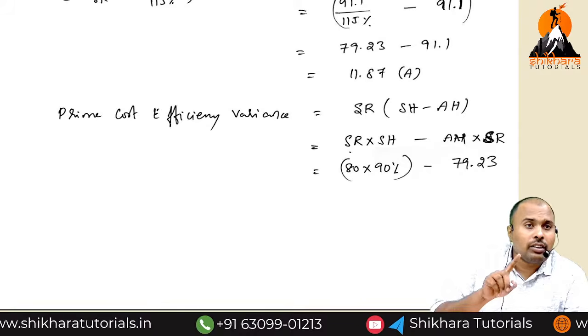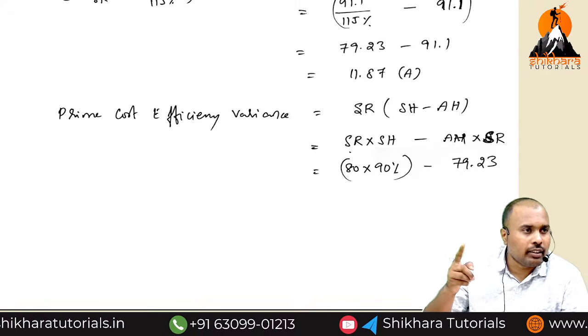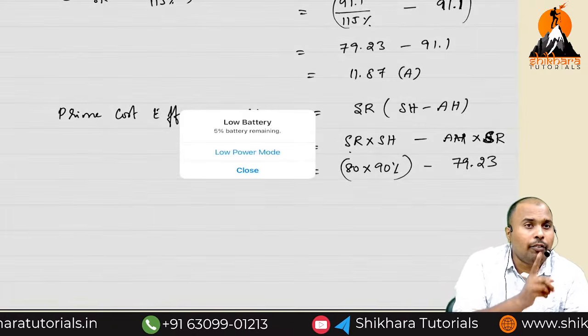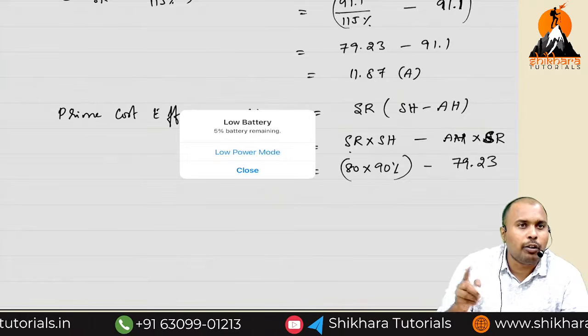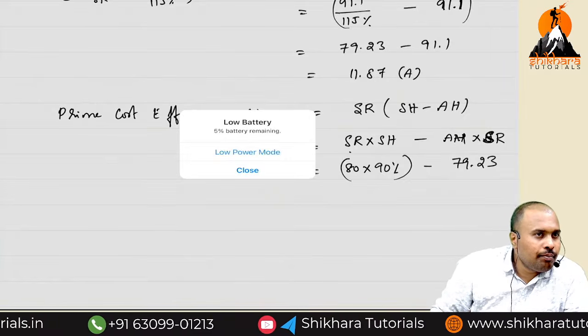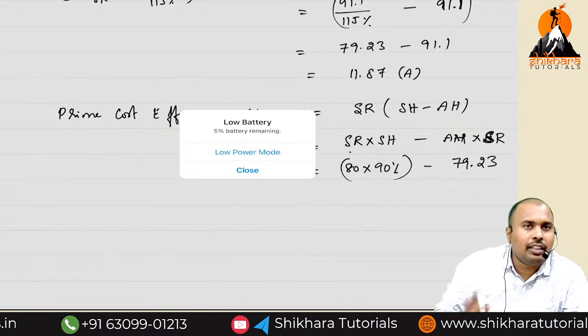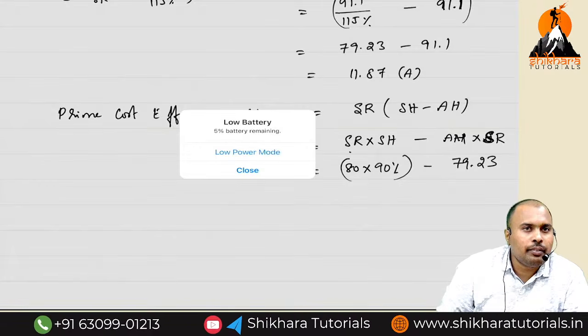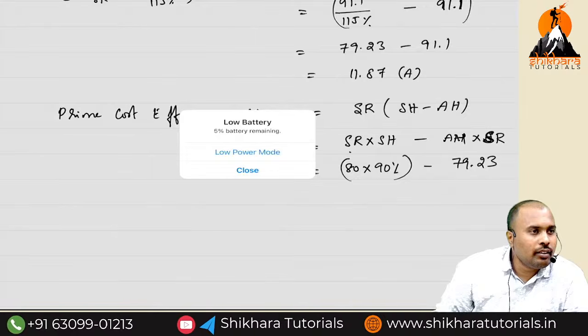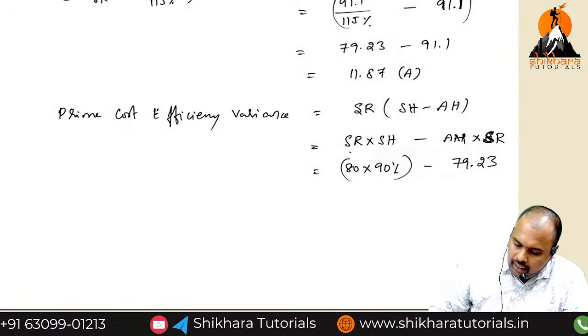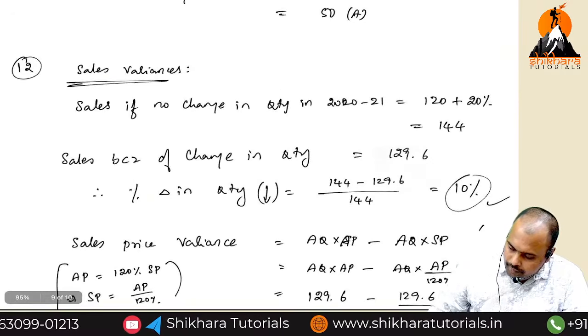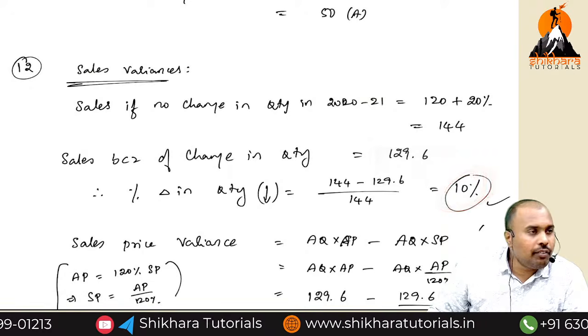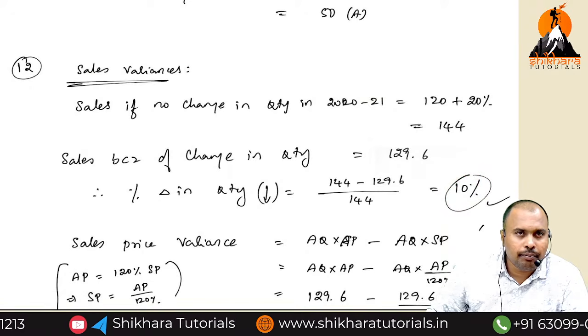The standard cost is for actual production. Budgeted for budgeted volume it is 80. For standard volume it is 10% lower than that, because that is the difference between budgeted volume and actual volume. That is the one we calculated here.